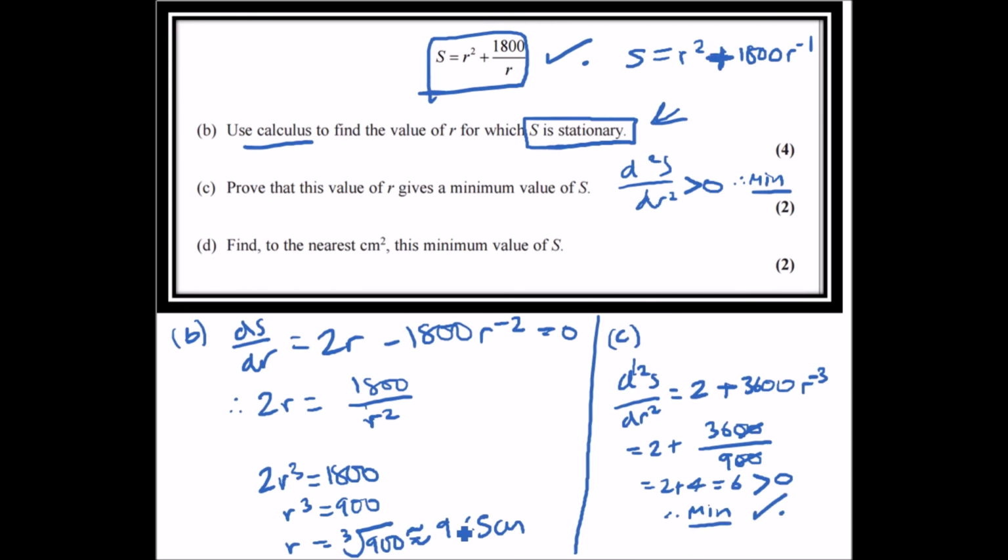Find, to the nearest centimeter squared, this minimum value S. All you do is put the value of R into this equation. So S minimum is, with R being the cube root of 900, I'll use the exact form: cube root of 900 squared plus 1800 over cube root of 900.